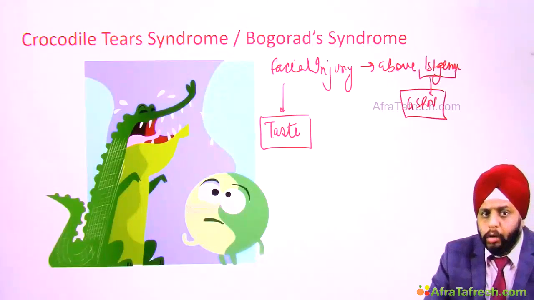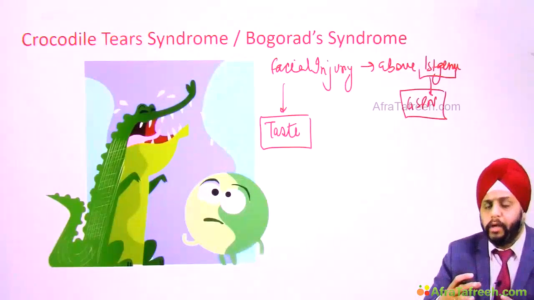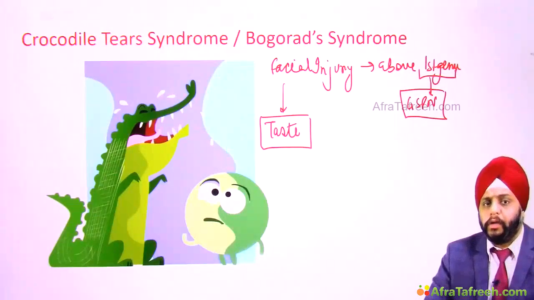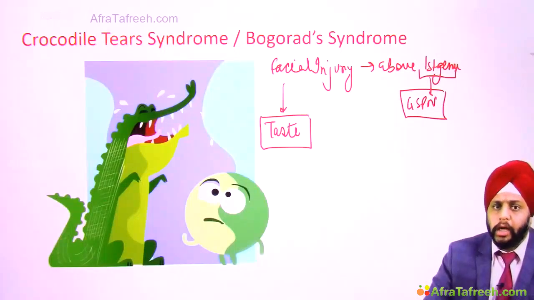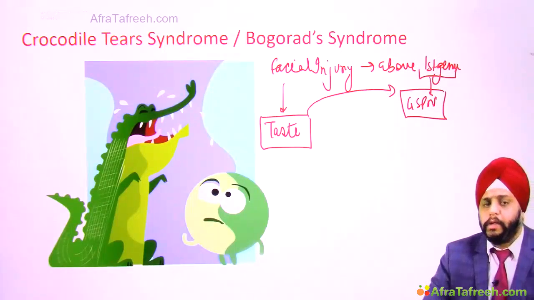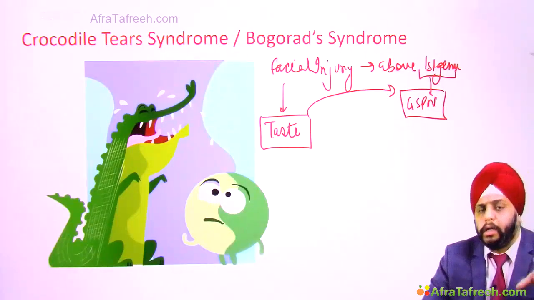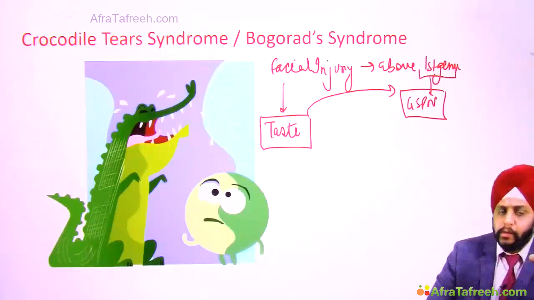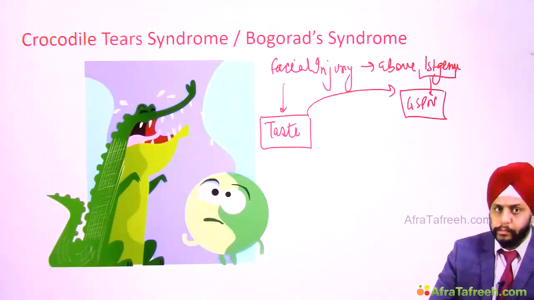Now, because of the aberration, whenever the patient puts food in the mouth, there is taste stimulation, and that stimulates the GSPN. There is lacrimation. That is known as crocodile tear syndrome or Bogorad syndrome. This is when the facial injury happens above the first genu.